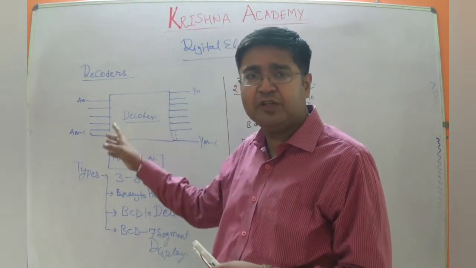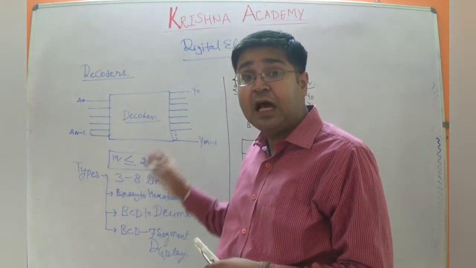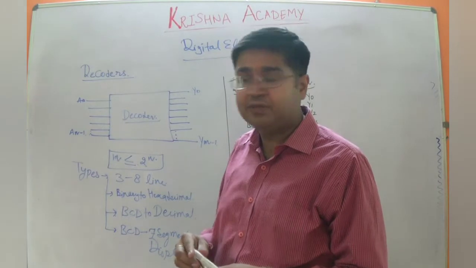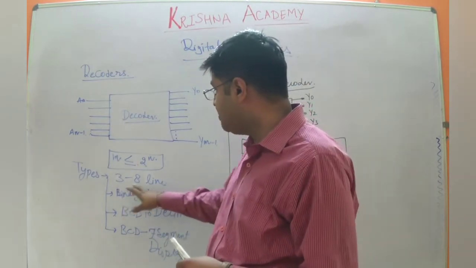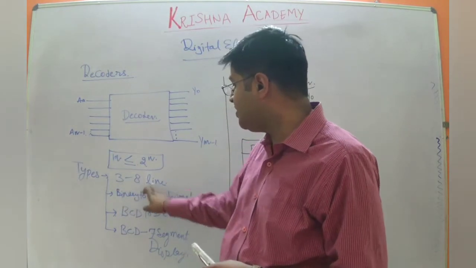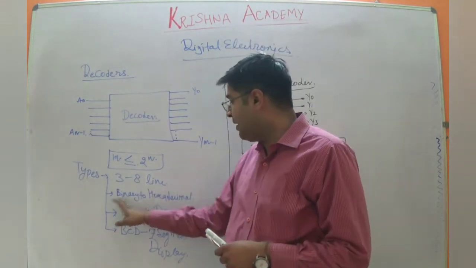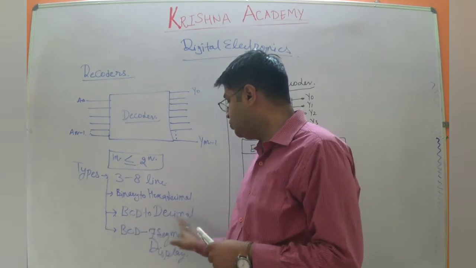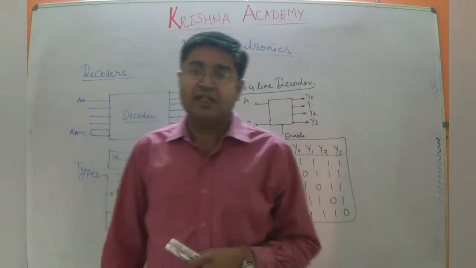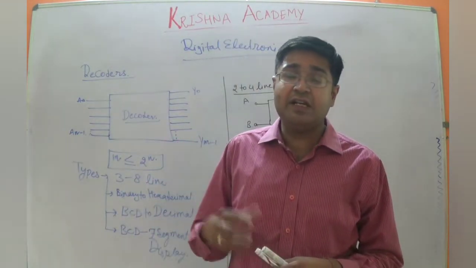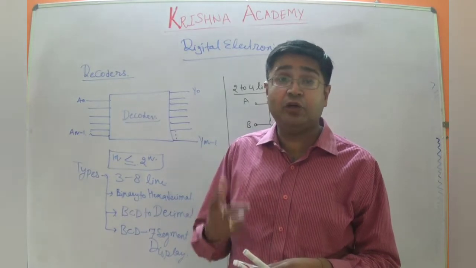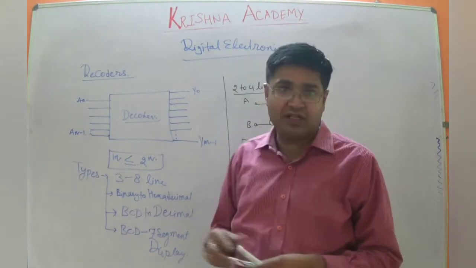If you need to decode or change the information, for example binary to octal, or binary 3 to 8 line decoder, binary to hexadecimal, BCD to decimal, or BCD to 7 segment display, these kinds of information need to be represented and changed, decoded, by decoder circuits.